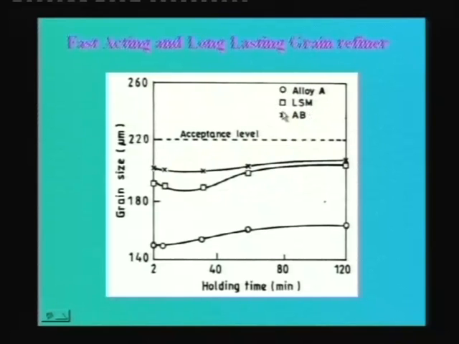If you use any of these grain refiners, you don't get very good grain refinement. Though they are also commercially used, this is a much better and much cheaper grain refiner than any of these commercial master alloys. We will stop here and look at the other strengthening mechanisms in the next class.